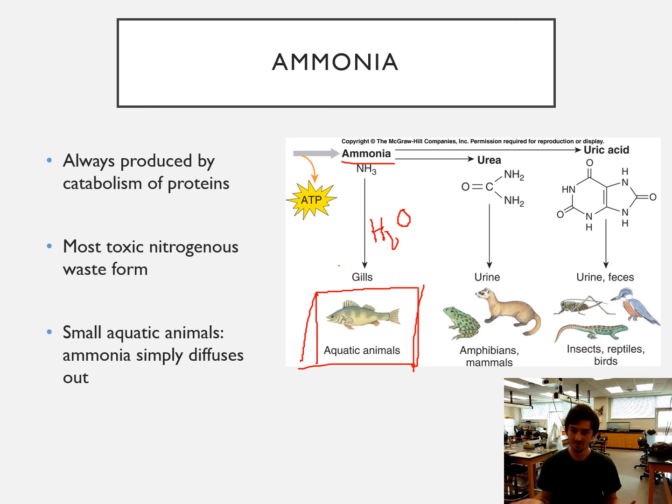And when you're living as a fish in a freshwater environment, you don't really care if you're losing water because you're surrounded by it. There's no real need to have a storage system for water or reabsorb water when you can just float around and move to a new spot and there's fresh water there.